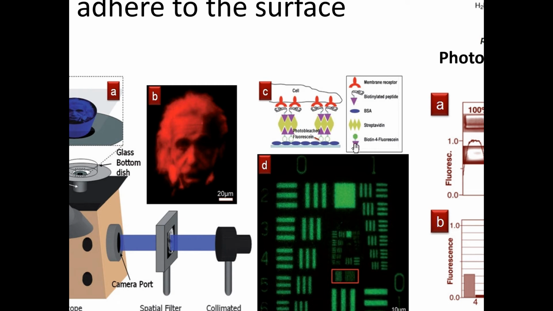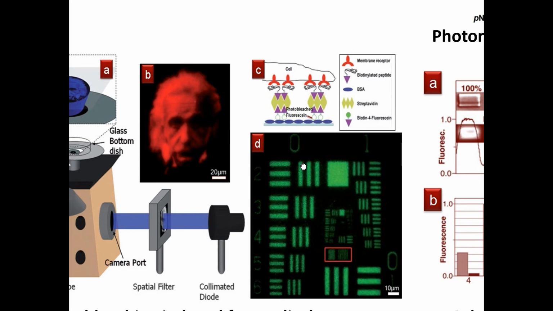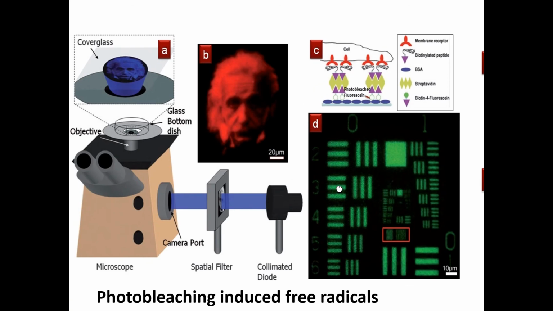Biotin binds to streptavidin, and then you have another biotinylated linker here at the top that is connected to a peptide, RGD peptides that the cells like to attach to. So the short of the story is wherever you pattern this material with light, those are where the cells will eventually stick to.